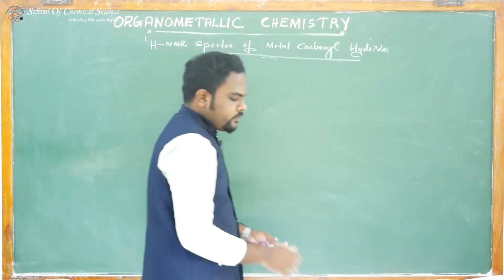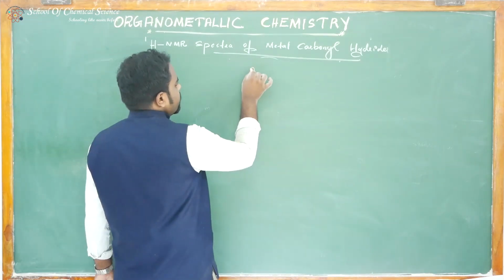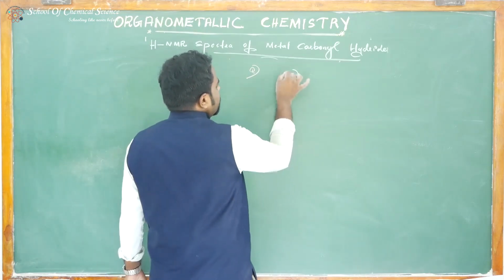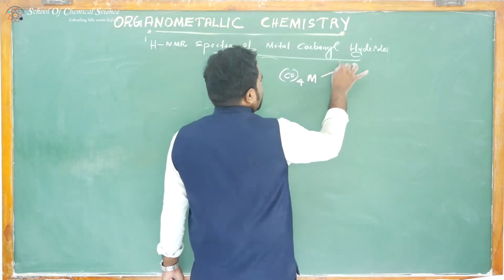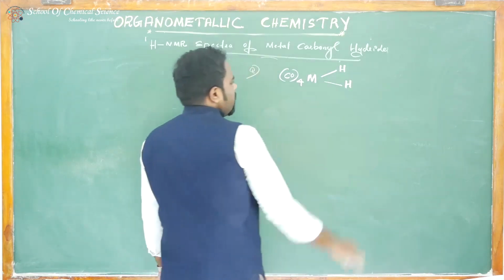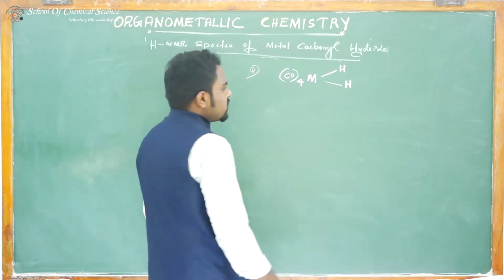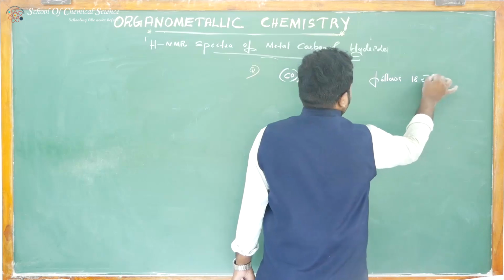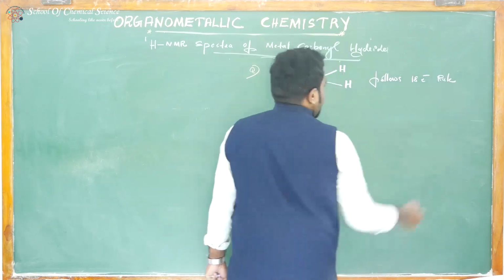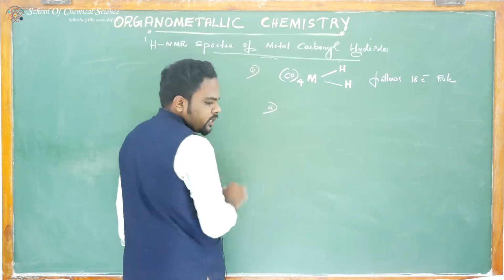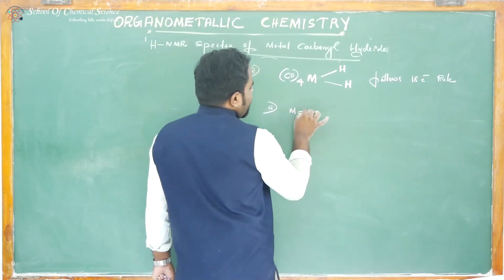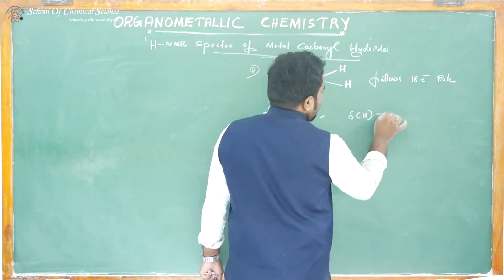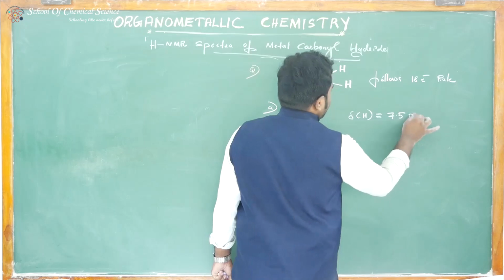Then another question, number 4. Please write the question. M(CO)4, a metal M, 2 hydrogen. It follows the 18 electron rule. Choose the correct option. Option A: metal equal to iron and delta hydrogen equal to minus 7.5 ppm.